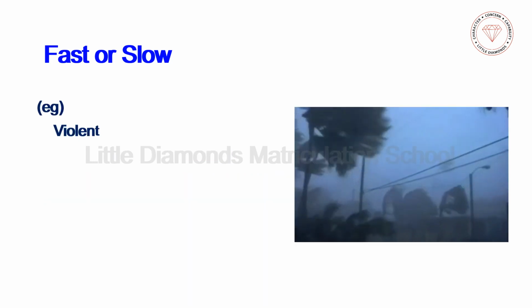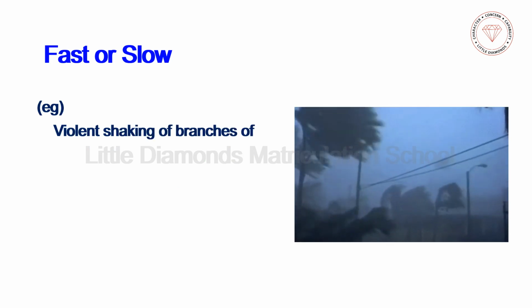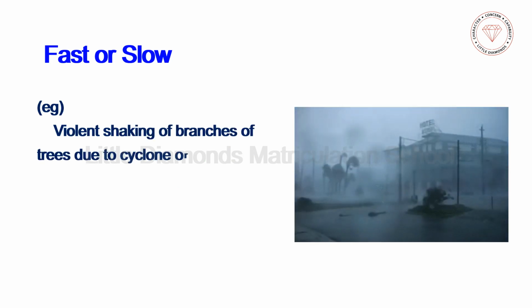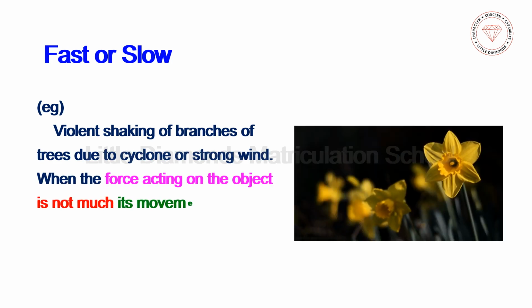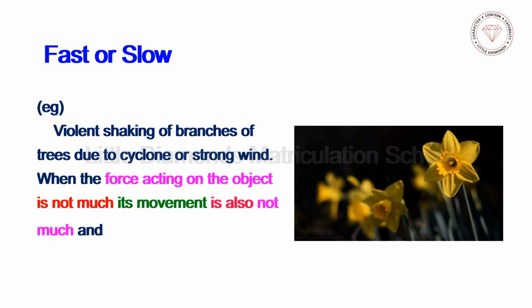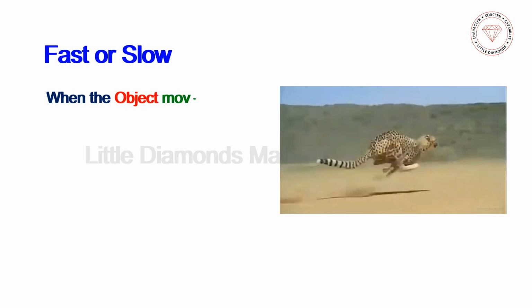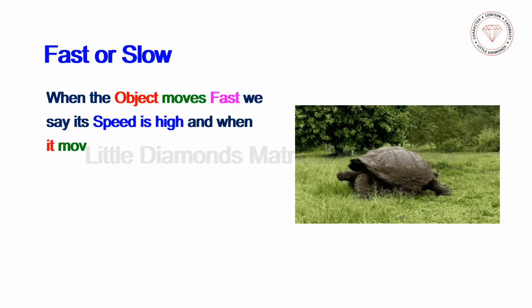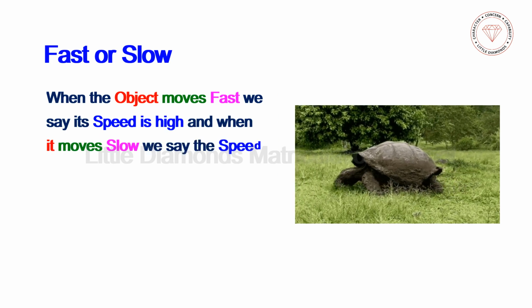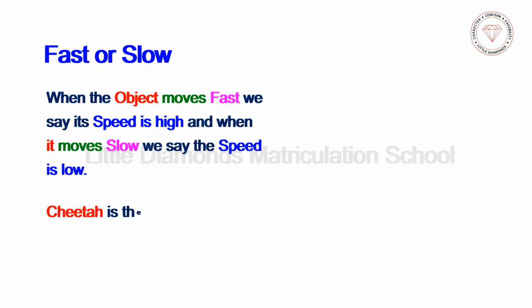Example, violent shaking of branches of trees due to cyclone or strong wind. When the force acting on the object is not much, its movement is also not much and we say it is slow. When the object moves fast, we say its speed is high, and when it moves slow, we say its speed is low. Cheetah is the fastest land animal.